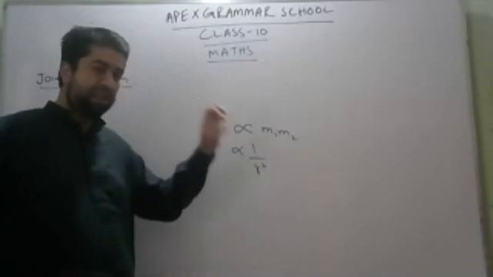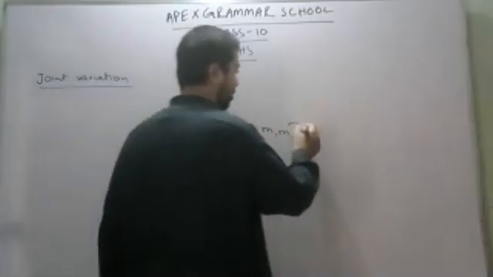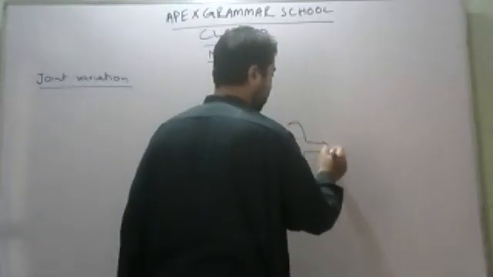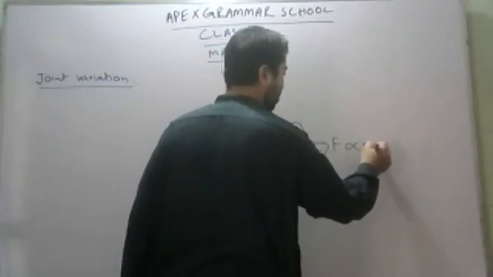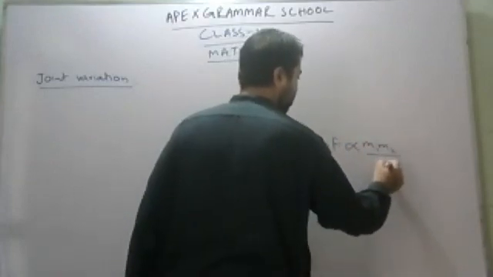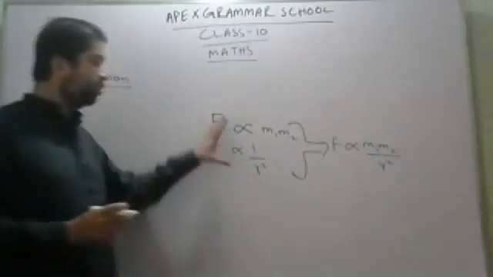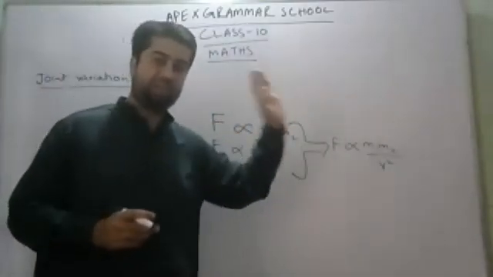When you combine these both terms, this makes directly proportional and inversely proportional. Now this makes the joint variation.